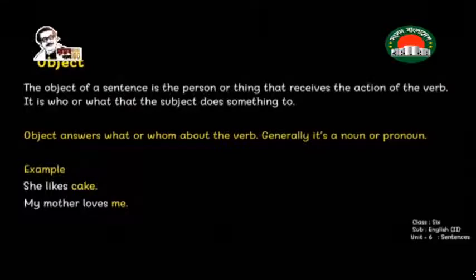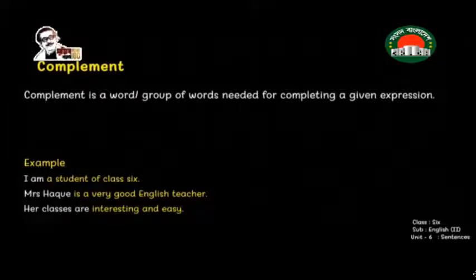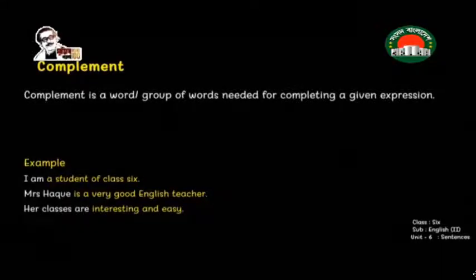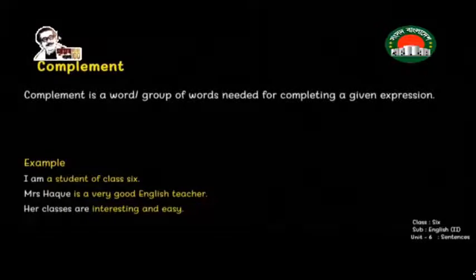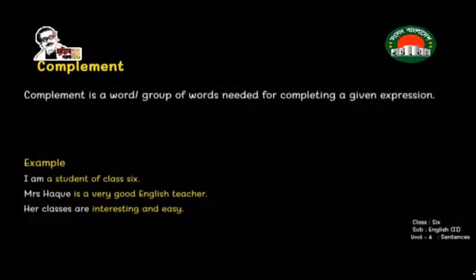Okay, now what is a complement then? So a complement is a word or a group of words needed for completing a given expression. In other words, a complement is necessary for the completion of the sentence. We saw that the object answers what or whom, but typically a complement tells about the subject, or we can say completes the expression of the subject.